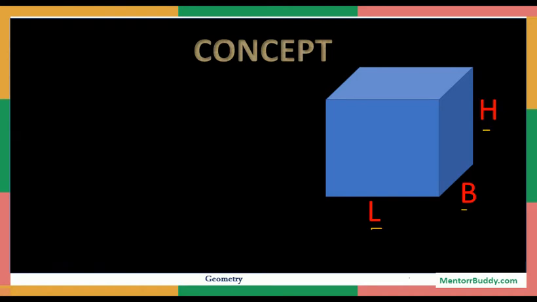In case we need to figure out the volume of this cuboid, that will be always equals to length into breadth into height. For the similar case, if we need to figure out the lateral surface area, implies the area of the four walls of the cuboid, that will be twice of length into height plus breadth into height.